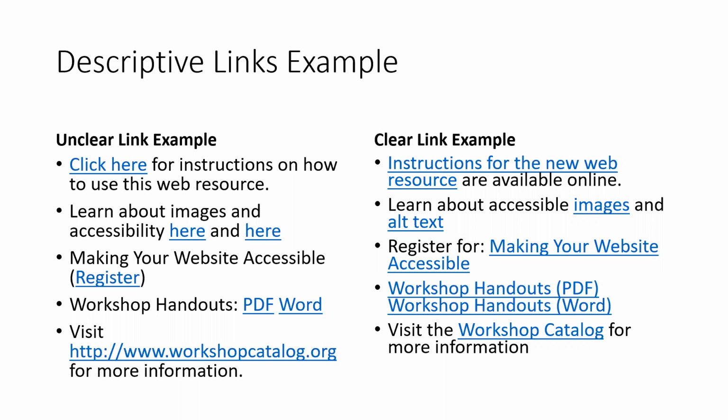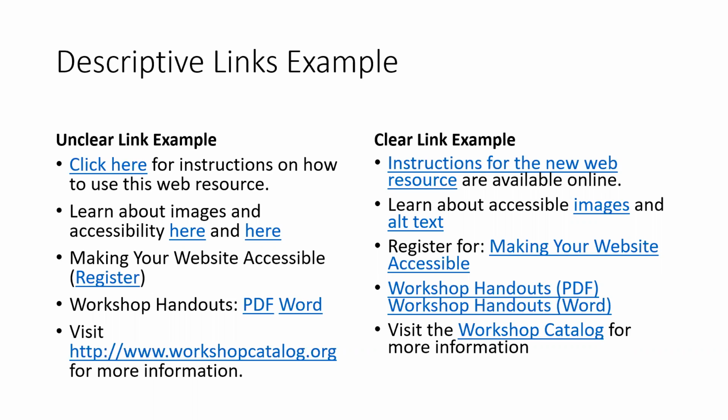Making your website accessible, register for the workshop would be unclear. What are you registering for? Whereas if you had a link where the text making your website accessible is the linked text instead of register, the user would understand what workshop they are registering for.